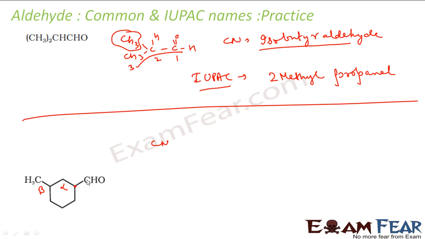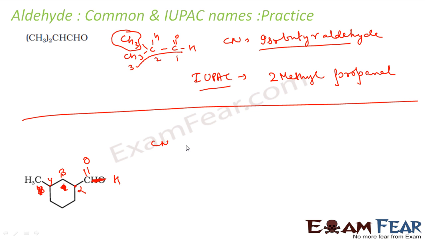This carbon attached directly to the COH is my alpha, this carbon becomes beta, and this becomes gamma. Alpha, beta, gamma. Correct.